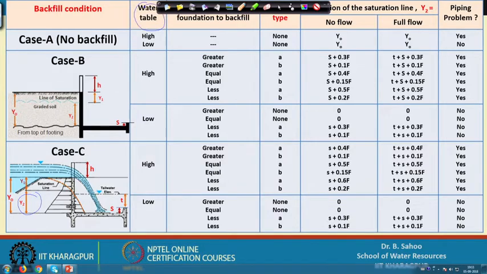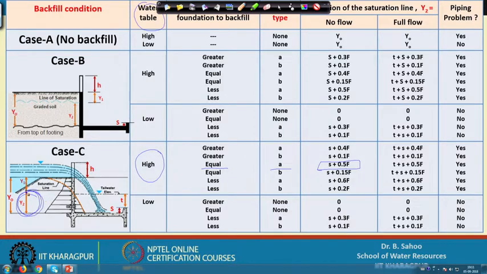Suppose the water table condition is high, the relative permeability between the foundation and backfill material is equal, and the drainage condition is A, then for no flow condition I get Y2 equal to S plus 0.5 F.